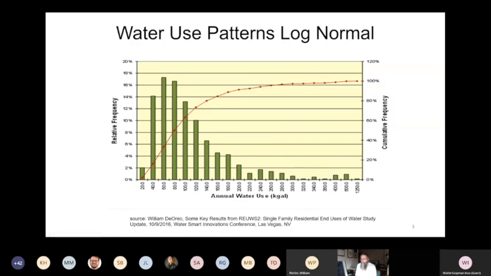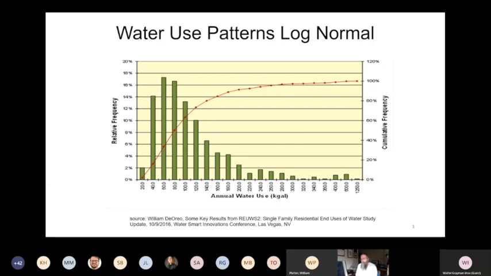Again, the same sort of patterns. This is annual total water use, and any time you're trying to figure out what's going on with people using water, you end up with a distribution that looks something like this. There's a peak down close to the bottom, and hopefully it goes to zero when you don't have anybody there.